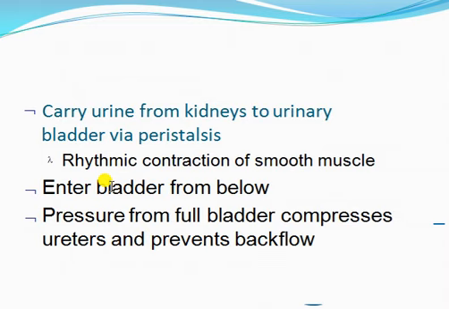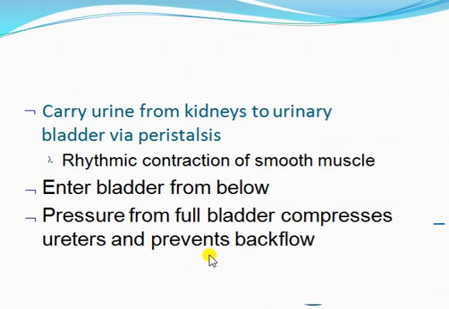That is automatic. Then to make one peristalsis movement, pressure from the full bladder compresses the ureter and prevents the backflow. See, when the urinary bladder is full, it makes pressure on the ureters, that compresses the ureters.